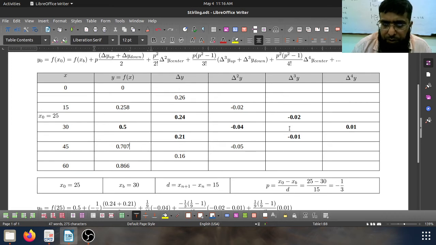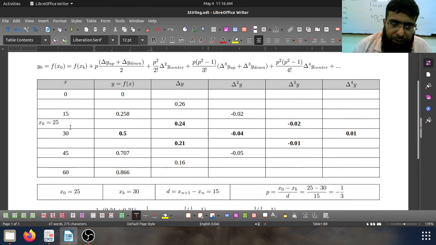We keep on going in the same way for del squared y, del cube y, and del to the 4 y. Now we are all set to apply this formula for this x naught, this xb, this d, and this p. So let's plug all these values in here.